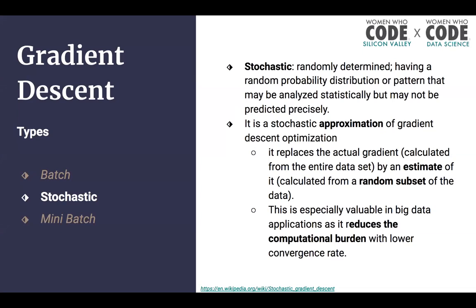Instead of doing it on the whole data set, it does it on one randomly picked data point from your data set. This turns out to be especially valuable in big data, where it reduces the computational burden and gets your results faster than batch gradient descent would.